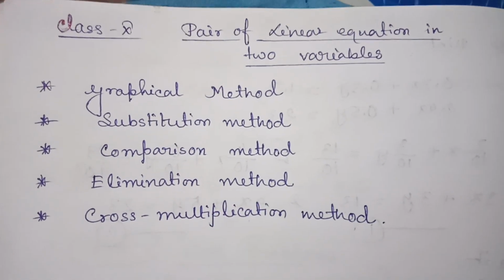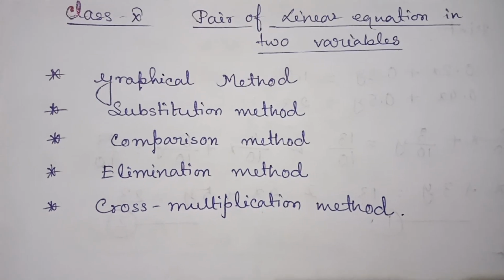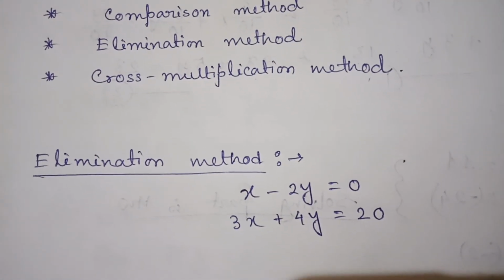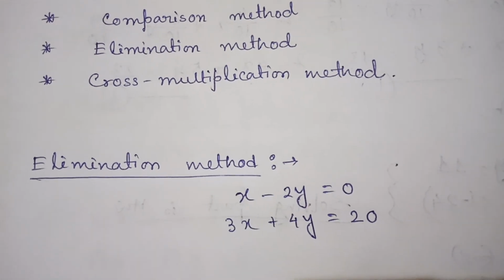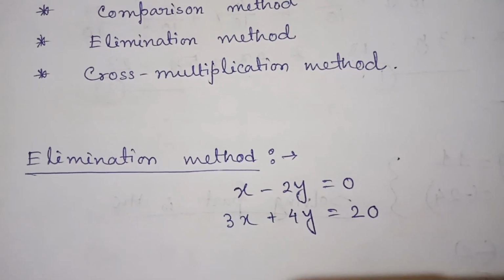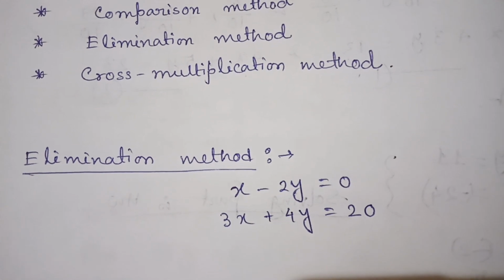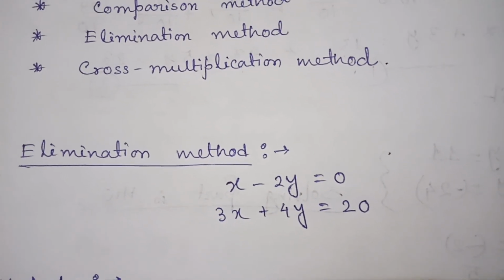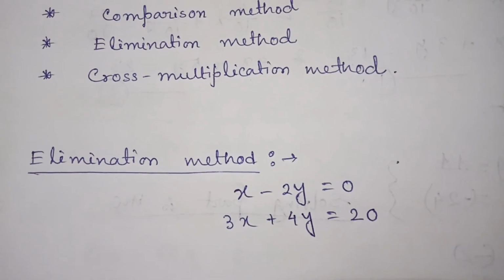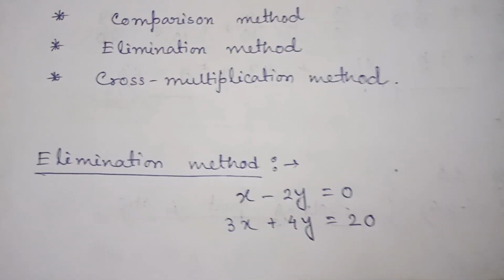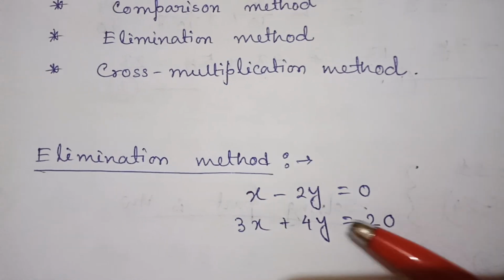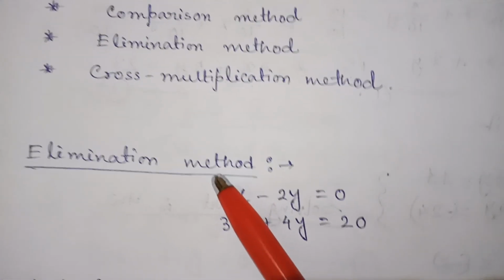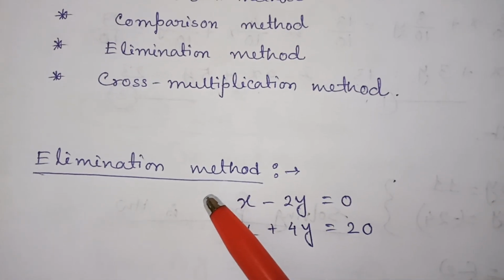So let's start with the elimination method. For the elimination method, I have taken one pair of linear equations in two variables, that is x minus 2y equals 0 and 3x plus 4y equals 20. Now for solving this pair of linear equations by the elimination method, there are 4 steps to be followed.